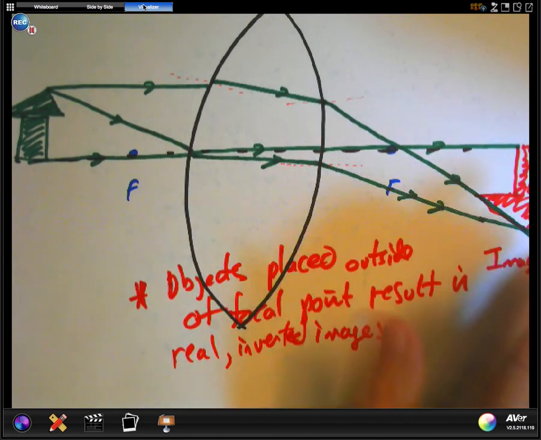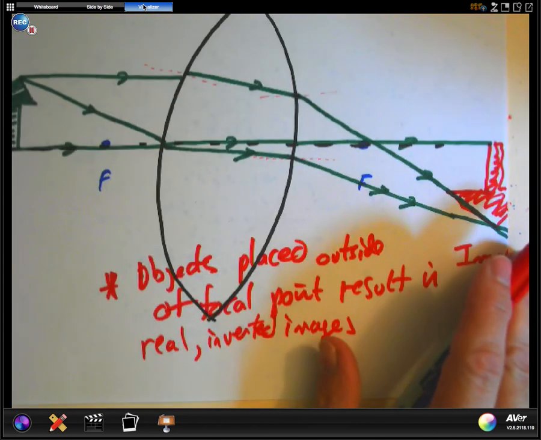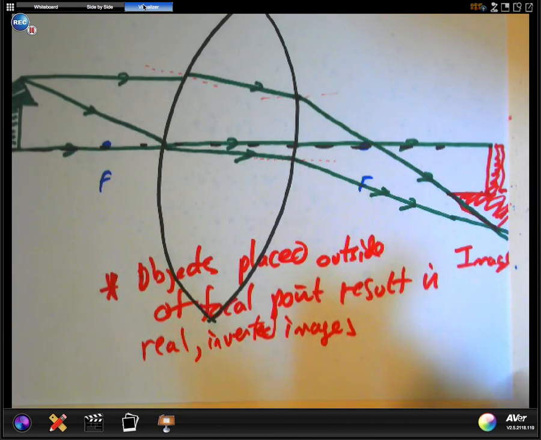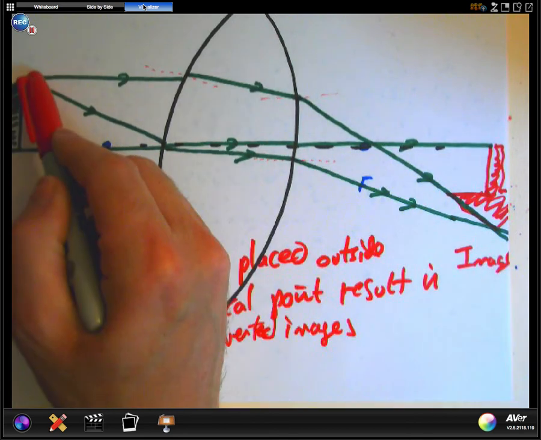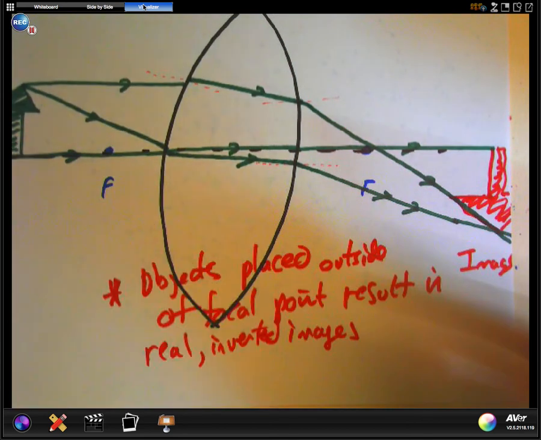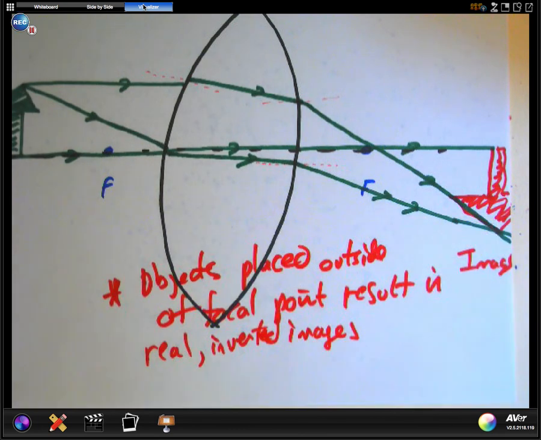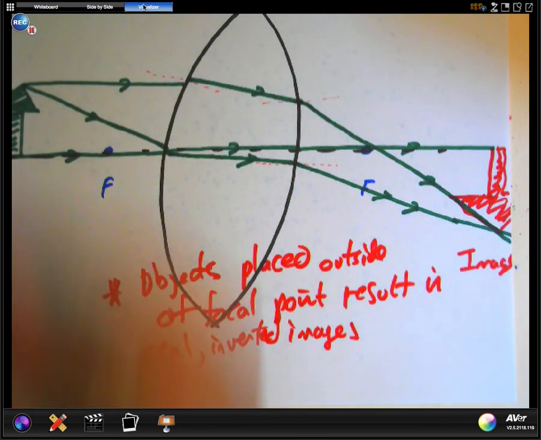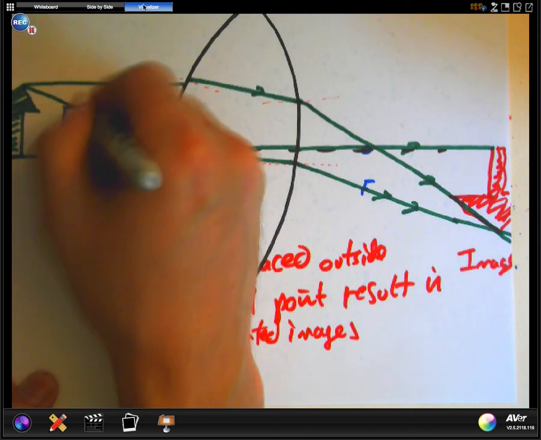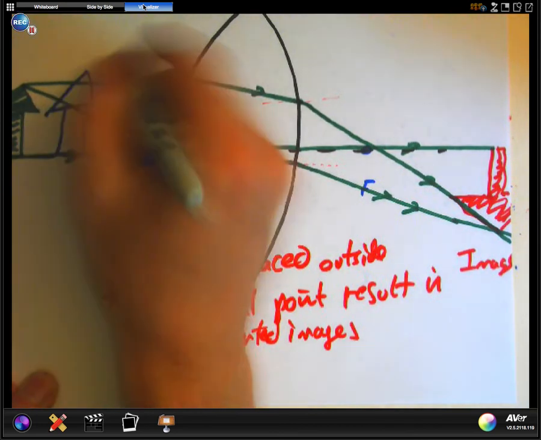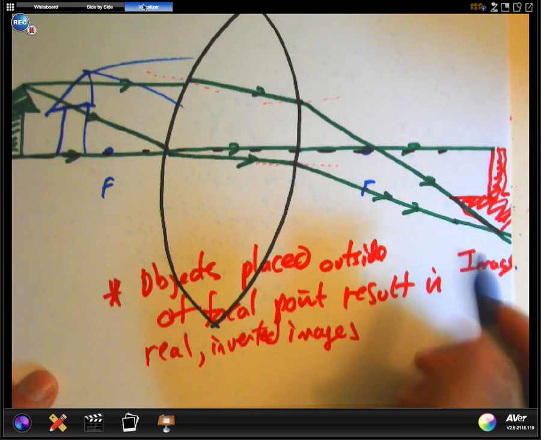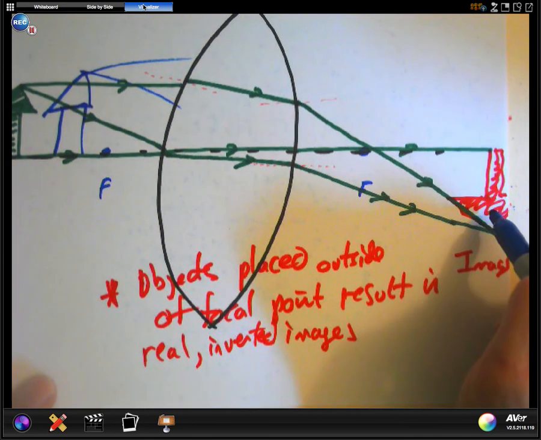Now, one of the things that I want you to notice about this, because this is going to become super important for us soon, is that these two light rays from this object where it's located converge at a very specific point. If I were to, and it would take us a while, but if I move that object, say I move the object a little bit closer like this and went through that whole same process, what I'd find is that it wouldn't focus right there.